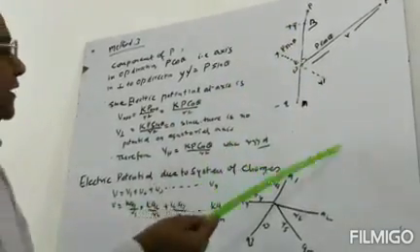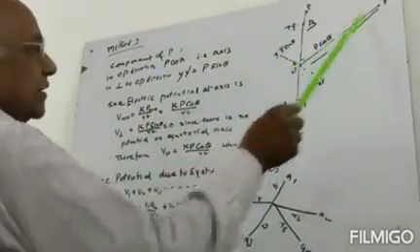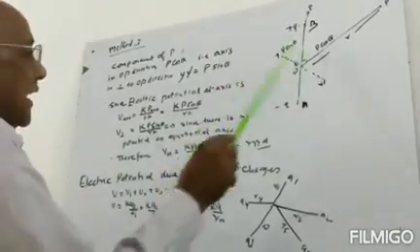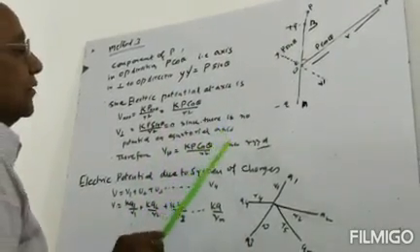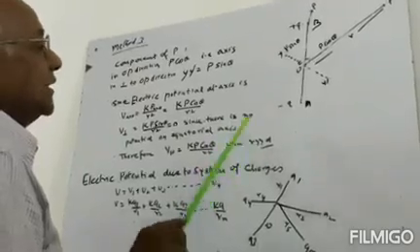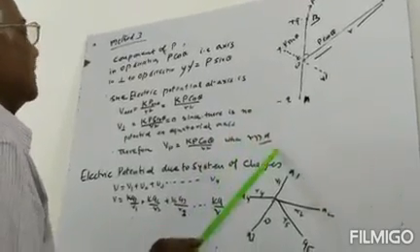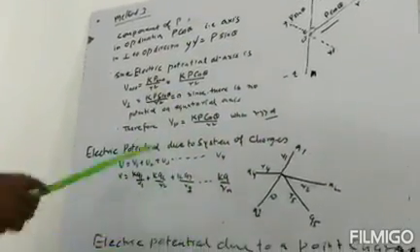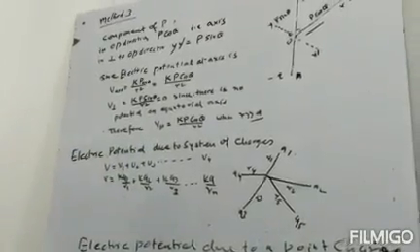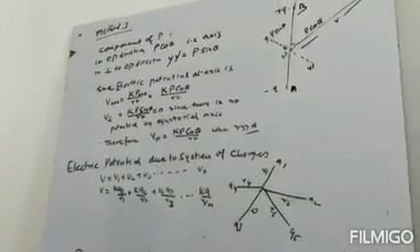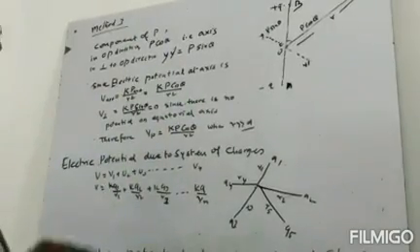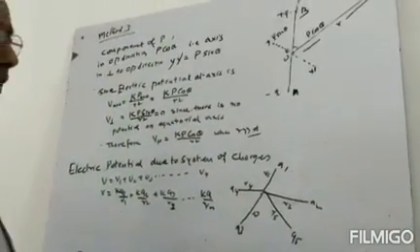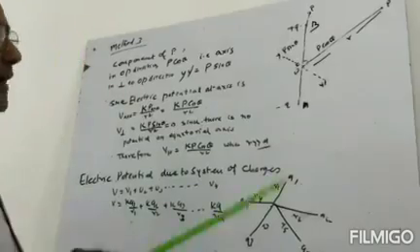So the potential will be only in the OP direction and that will be equal to Kp cos theta over R square, where R is very much greater than the dipole length. So in this way we can find the electrical potential of a dipole on the axis, on the equatorial axis and at any point.